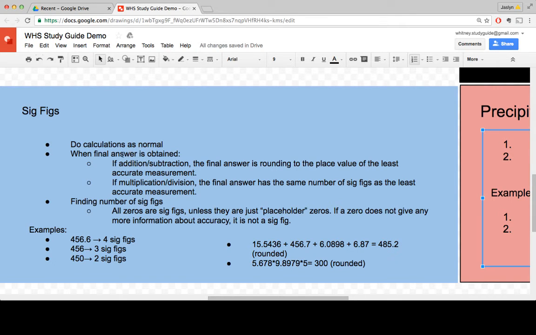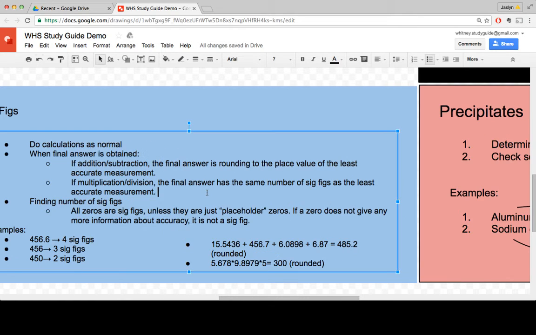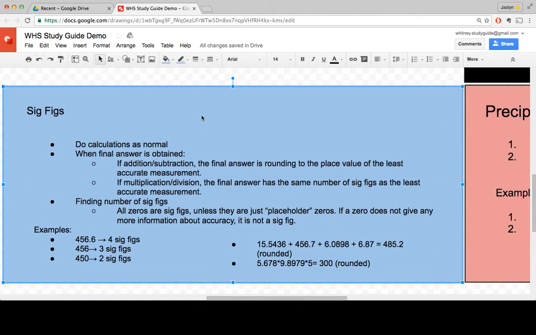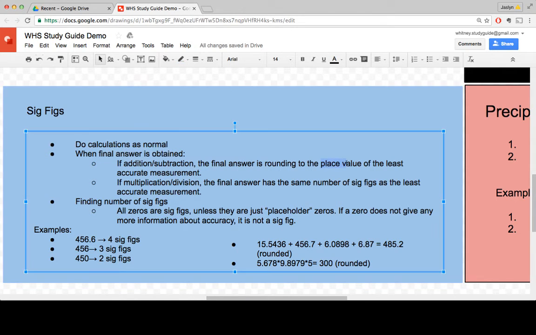So after you get your final answer, you have to look at what's the most recent operation that you did. So if the most recent operation was addition or subtraction, you look at the place value of the least accurate measurement. And this is different than sig figs because you have to look at the place value rather than simply just the number of significant figures. So you actually have to pay a bit more attention to the place value.